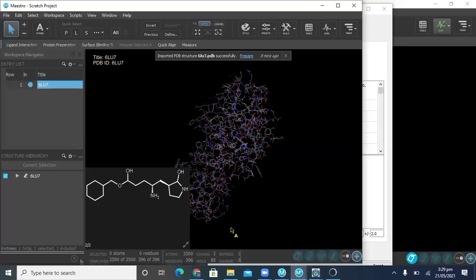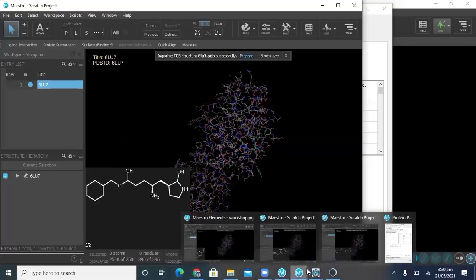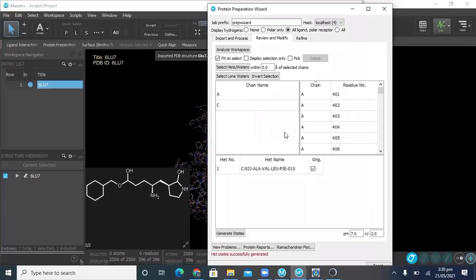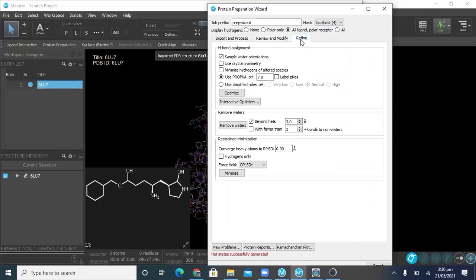After creating this state, we will move towards minimization and optimization, and we will click on refine. Dr. Daniel asked yesterday whether minimization is compulsory before molecular docking, and I answered that it is not compulsory, but can be compulsory depending on the situation.